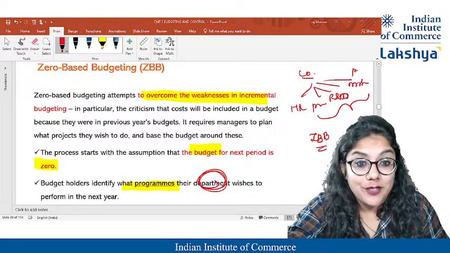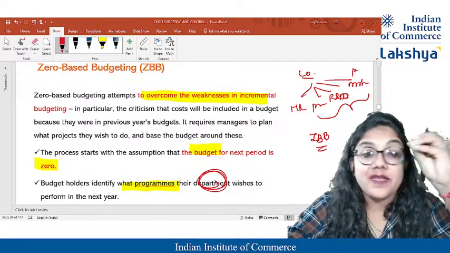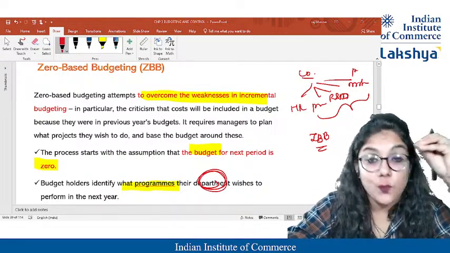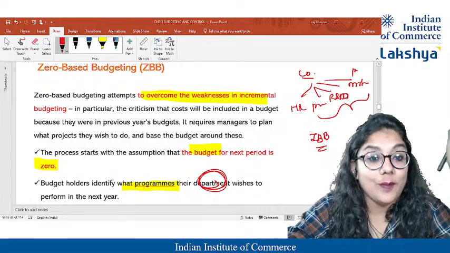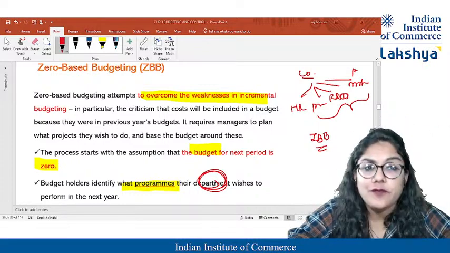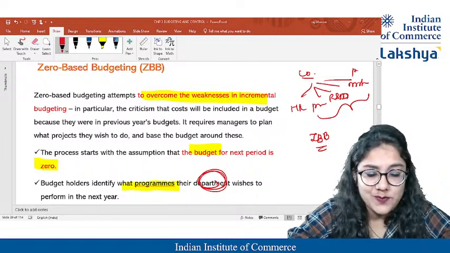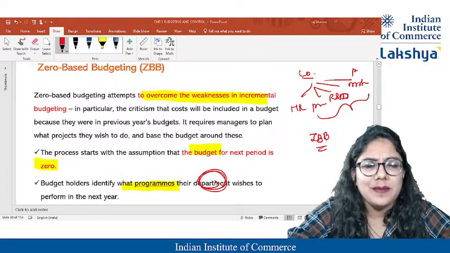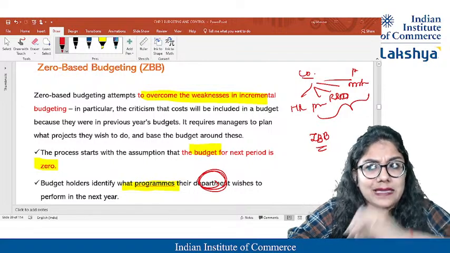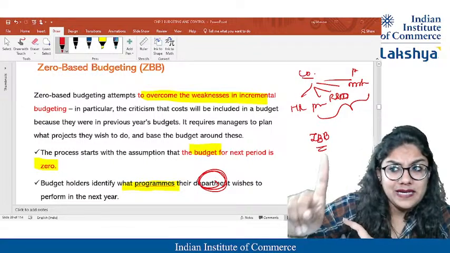Because to do zero-based budgeting, it's not easy, not viable also, not economically feasible. So you have to think, in which area is it highly required to do the zero-based budgeting. Maybe this area is number one, this is number two.